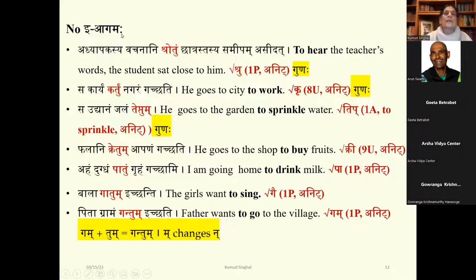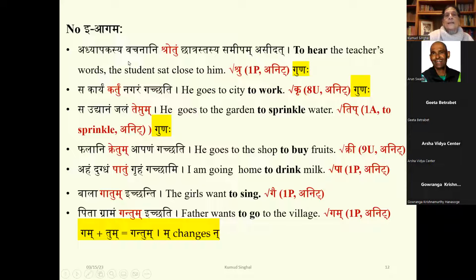Now let's look at the roots where there is no e agama. So here all the roots will be anit, because the pratyaya tumun is set. For e agama not to happen, the roots have to be anit. So the first will be, let's say, shru. This is an anit dhatu. So that's why it takes the guna, but there will be no e. So you will have shrotum.